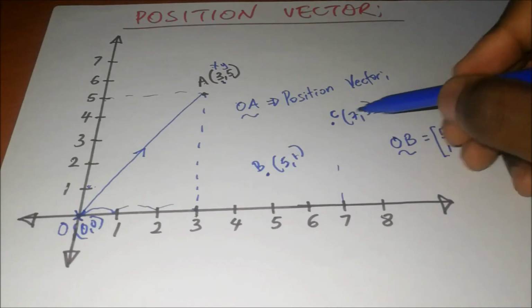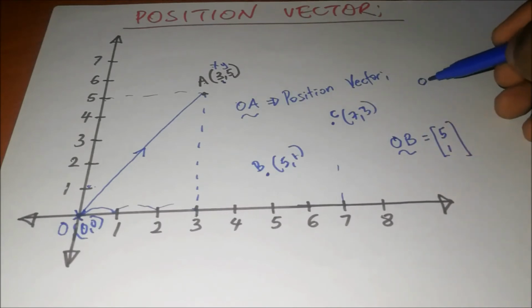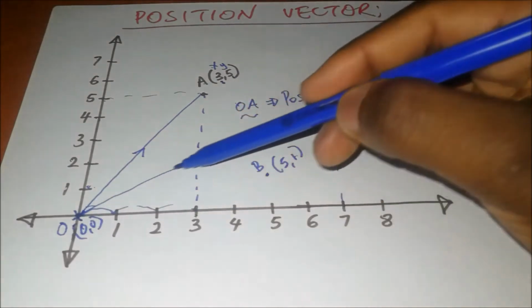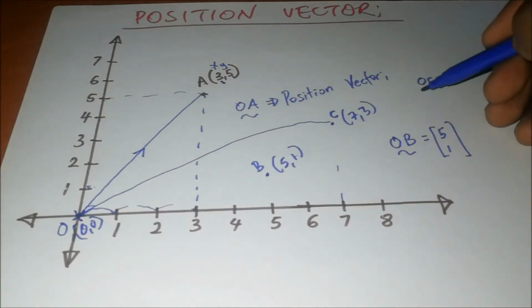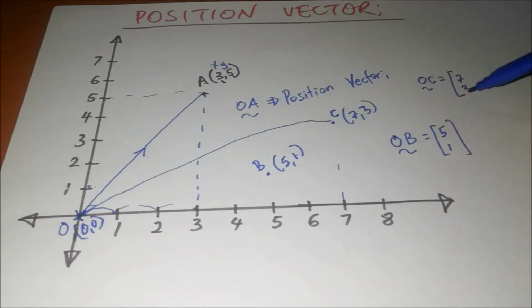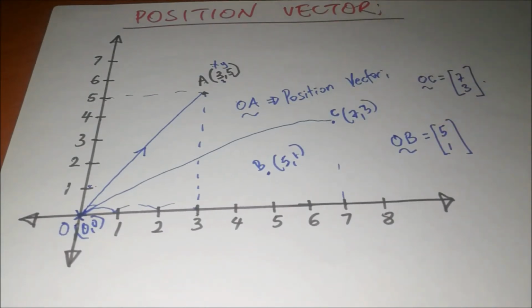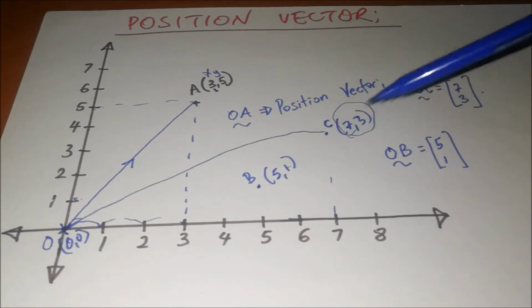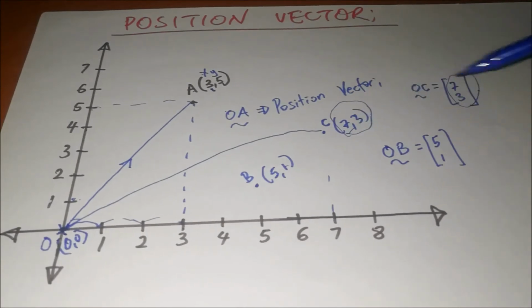The position vector of C is given as OC, O meaning that it's coming from the origin O to where C is, so OC, which is given as 7, 3. So in other words, to find the position vector of a Cartesian point, the Cartesian coordinates and the position vector look the same.